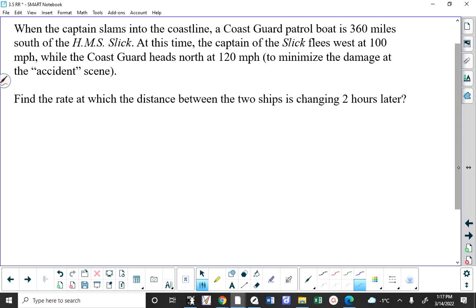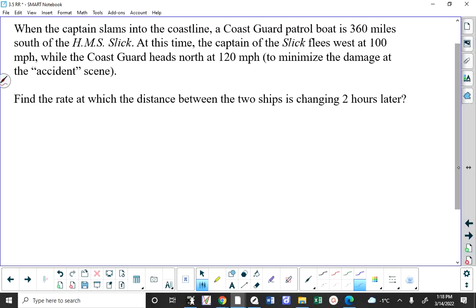At the moment of impact, when this puddle starts spreading, there's a Coast Guard patrol boat that's 360 miles south of the HMS Slick. Now, one of the things you're going to have to contend with in related rates problems is when you draw a diagram, it has to be a diagram showing the situation at any time, not at the beginning.